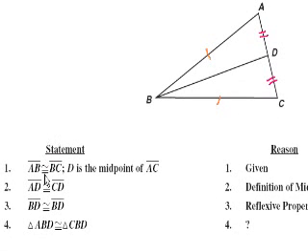So statement 1, AB is congruent to BC. They give us that. D is the midpoint of AC, that was given. Fair enough. AD is congruent to CD, because D is the midpoint of AC. We did that part right there. Definition of midpoint. BD is congruent to BD, of course. Anything is congruent to itself.